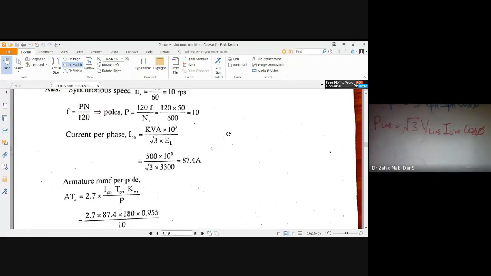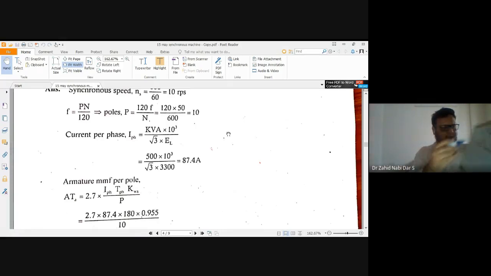Now I will explain one important factor. If it was connected in delta, then in delta your I line is equal to I phase by root 3, and V line is the line voltage.